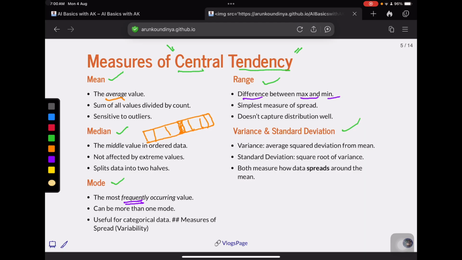Say for example, the milk packets sold on Monday are 3, 4, 5, and then again 3, 4, 5. The range is that on an average it's sold between 3 and 5. That gives you the range of how it's being sold on each and every day.